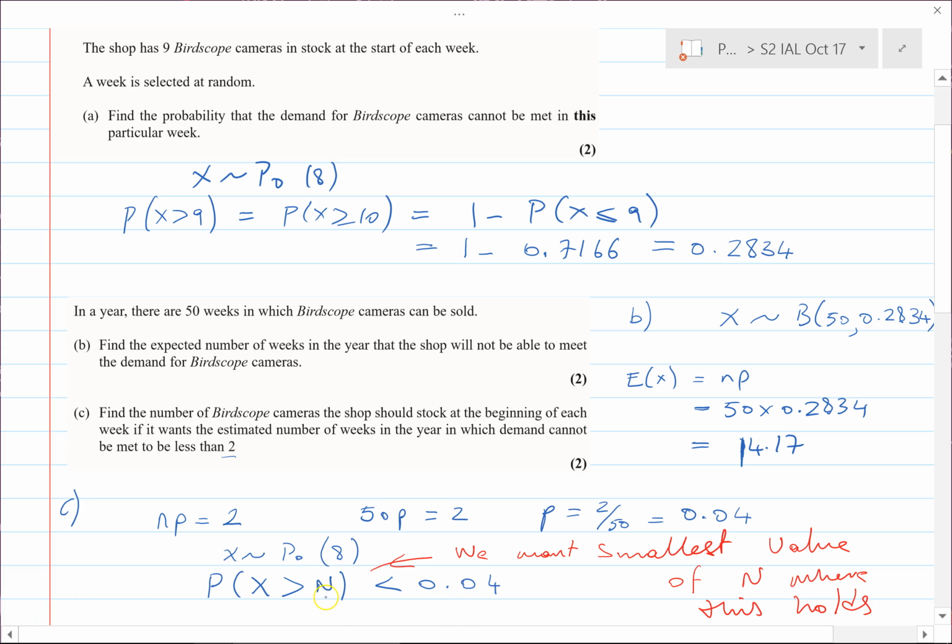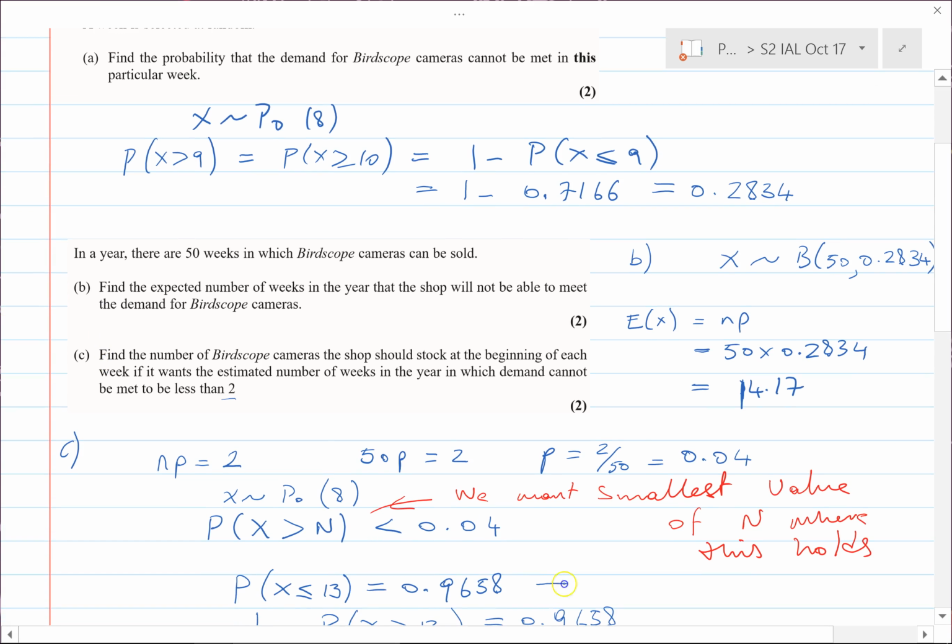But the important thing is we want the smallest value of n for which that is the case. So, for example, it's no good saying n is 50 would be good enough, because 50 cameras is bound to be enough, so there's a very low probability of exceeding that. But we want the smallest number so that the probability is still that low of running out of stock.